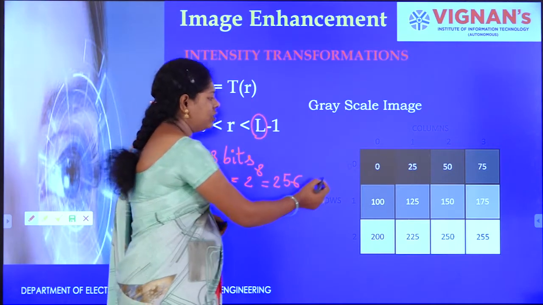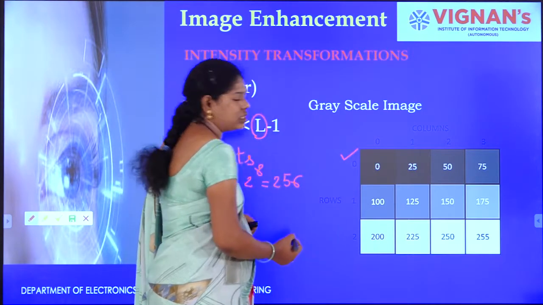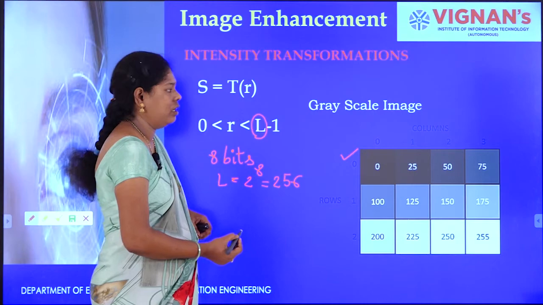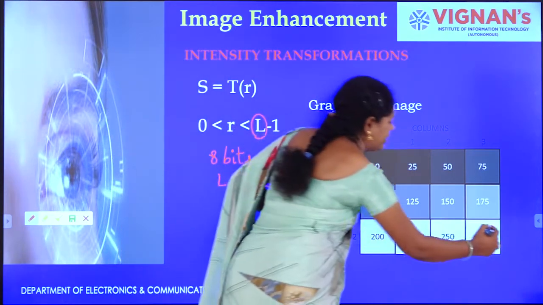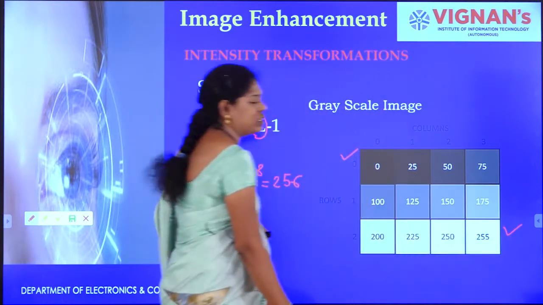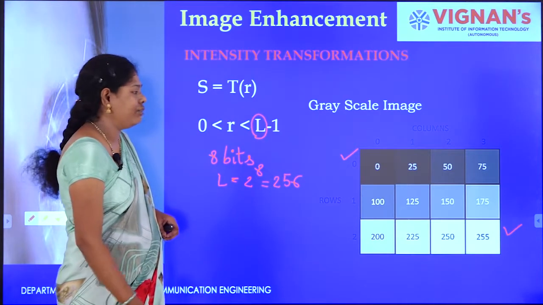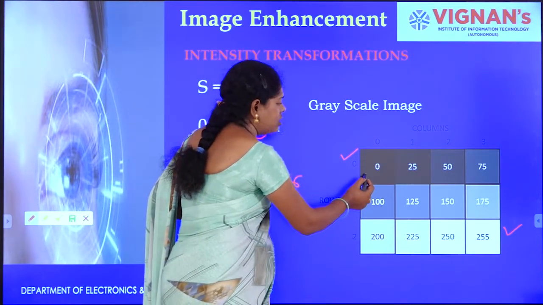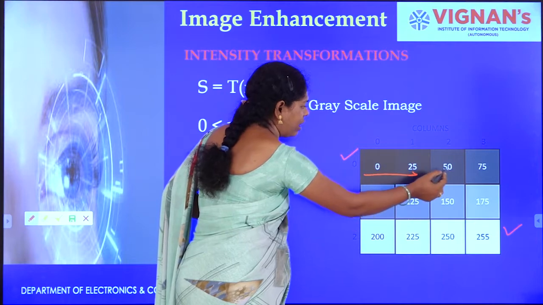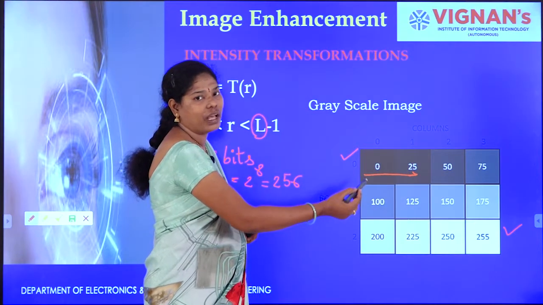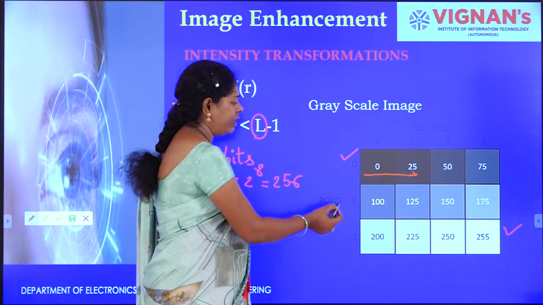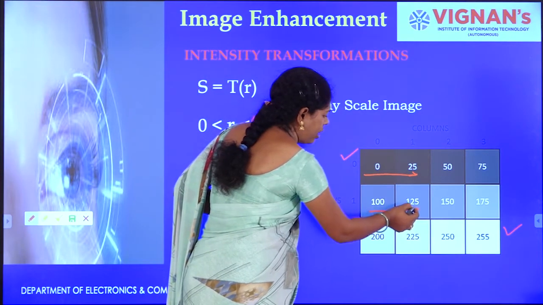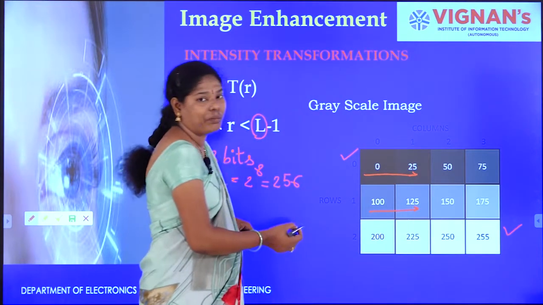Now just observe here, the 0 indicates black color and white indicates the maximum intensity value, that is 255. If you move from 0 towards higher values, the black intensity reduces, it forms a gray color, and it becomes brighter.